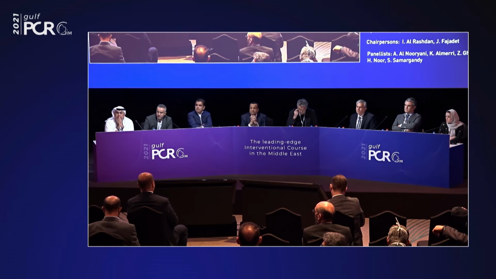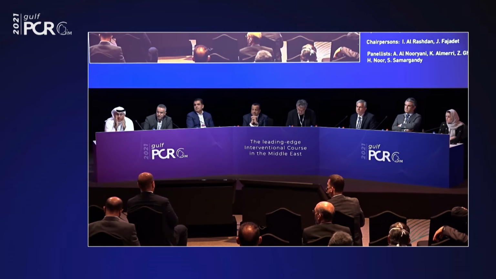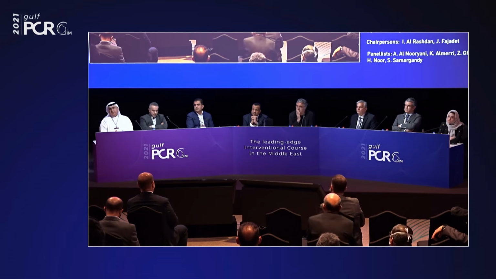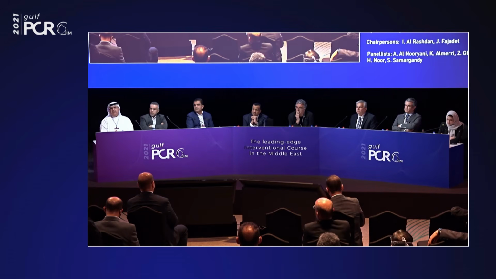Now, in terms of OCT data, there isn't yet randomized data. Francesco Prati was the first to report with CLIO-PCI, and he's now just published in the last couple of weeks 7.5-year follow-up data, where intriguingly, the one measure that continued to predict failure was an MSA of 4.5 millimeters squared.